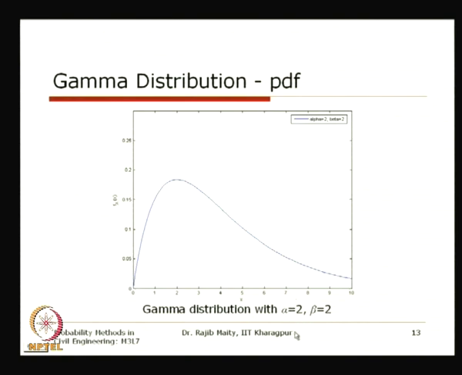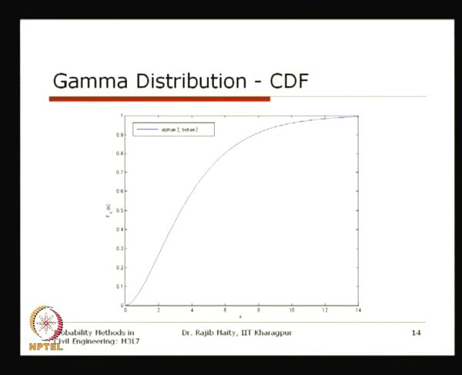This is just a standard example of how the density function for the gamma looks. And for the same parameter set, alpha equals 2 and beta equals 2, this is the CDF, the cumulative distribution function, for the gamma distribution. It starts from 0 and goes to the total probability 1, and the support is 0 to infinity, so this is asymptotic to 1 at infinity.